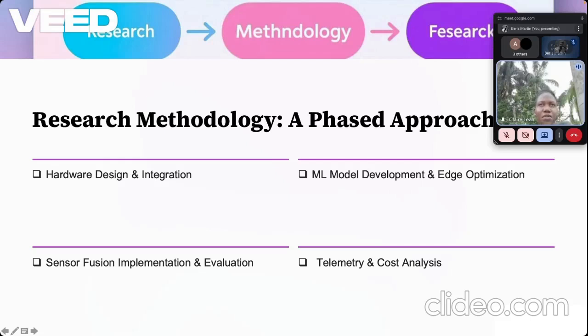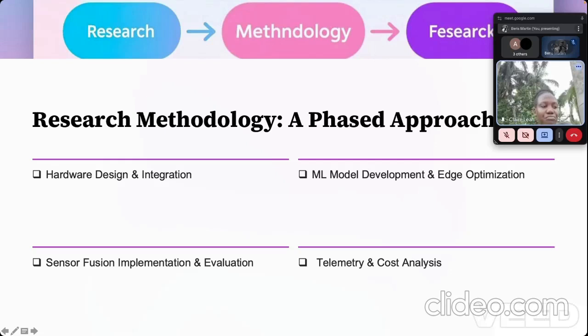And this one involves collecting localized data, applying transfer learning, and optimizing a lightweight model for edge processing. Also the sensor fusion implementation and evaluation.